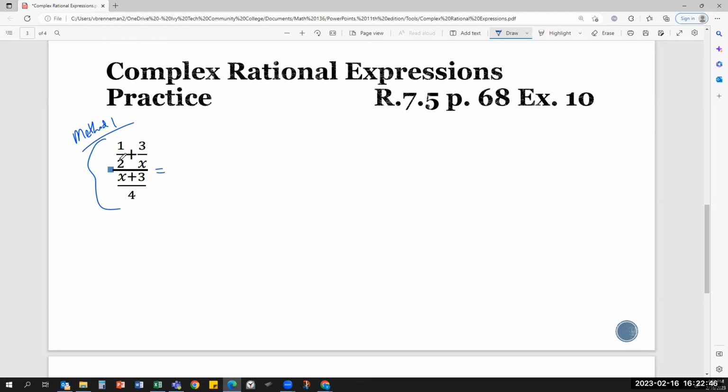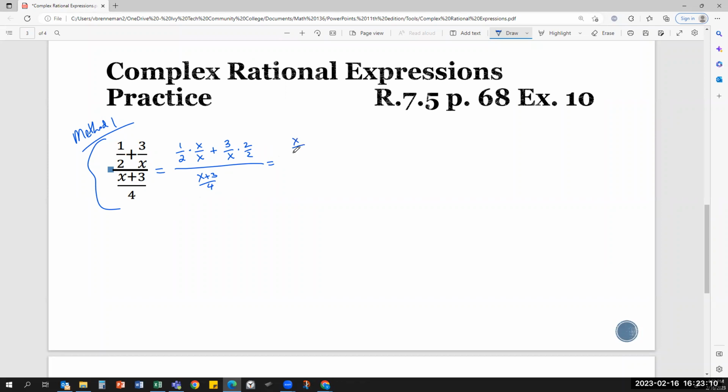So adding the 1/2 plus 3 over x, I'm going to take 1/2 times x over x plus 3 over x times 2 over 2. That'll get me the common denominator there. The bottom is already one fraction, so I don't need to do anything else with that. I'm just carrying that along.